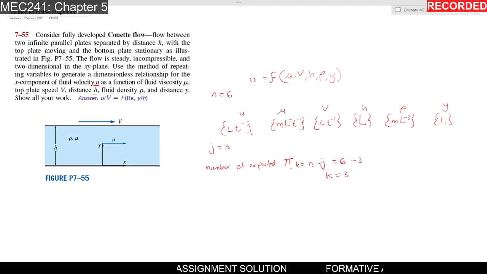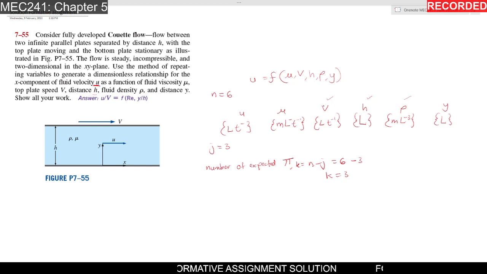As mentioned in the rule of repeating variables, we try to avoid the viscosity here. So we choose the fixed length first, and velocity and density.